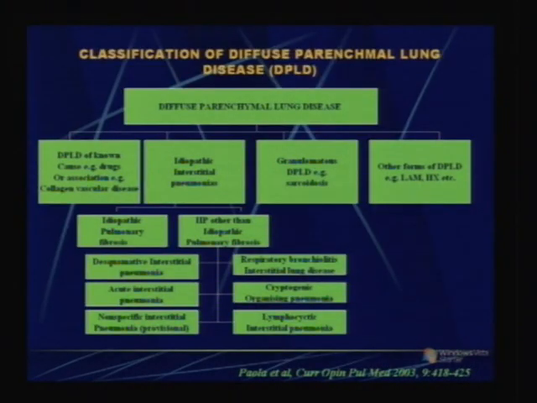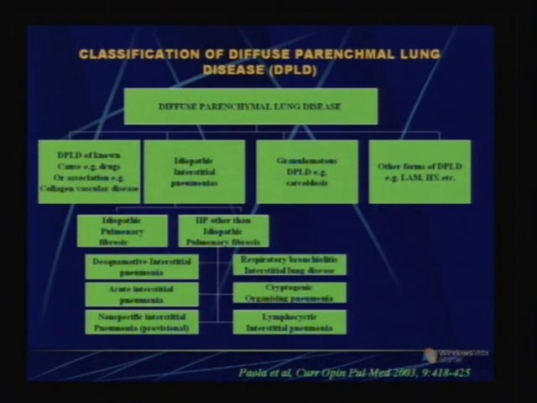As you all know, the American Thoracic Society and European Respiratory Society have classified diffuse interstitial lung diseases into 4 major categories, and these categories are basically based on high resolution CT features. As you can see, this is the role of imaging in the diagnosis of different types of diffuse pulmonary lung diseases.